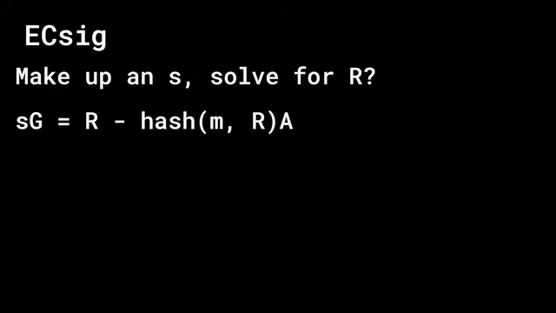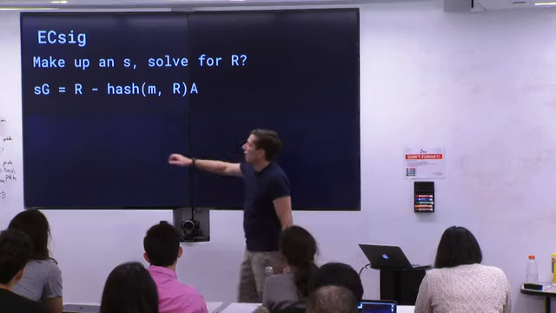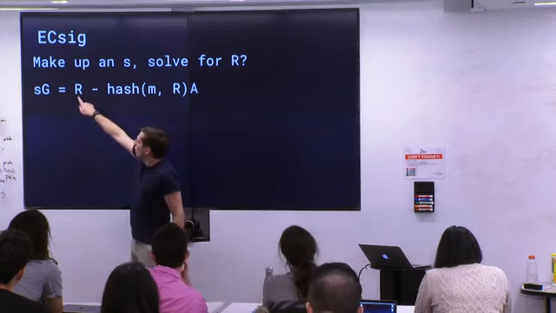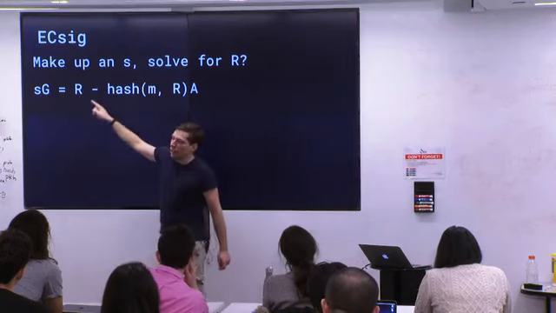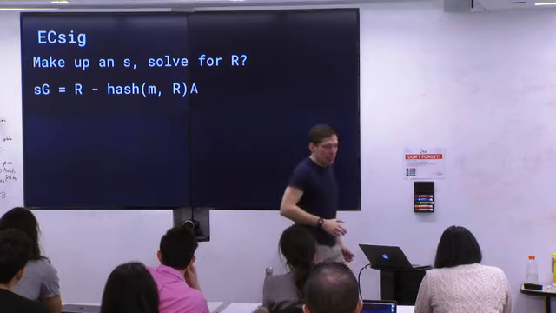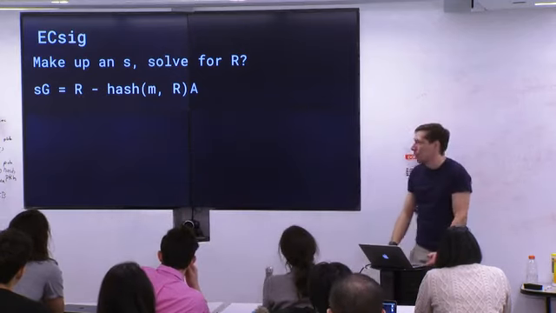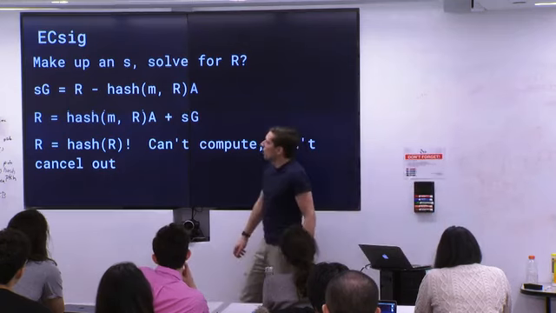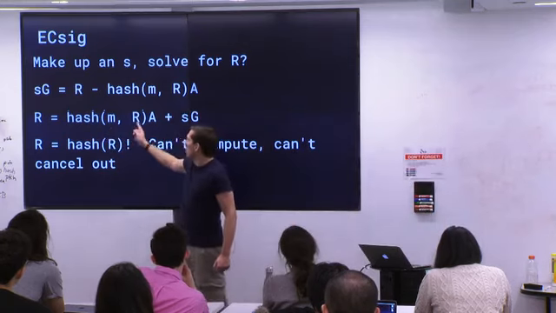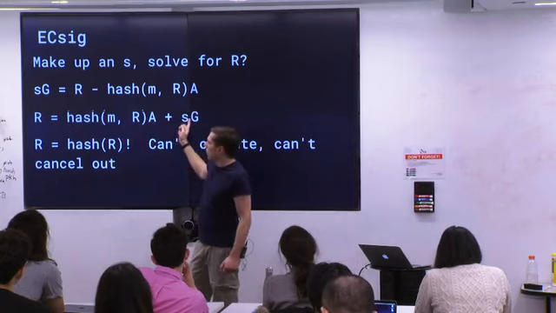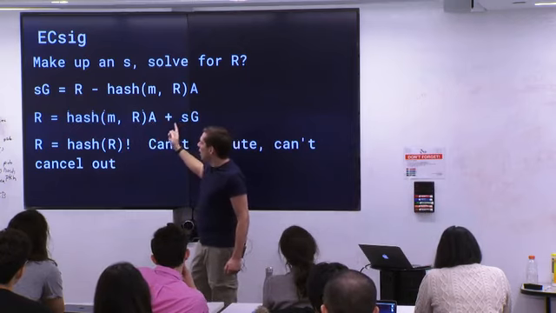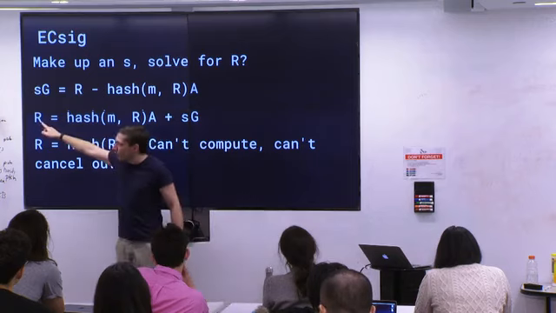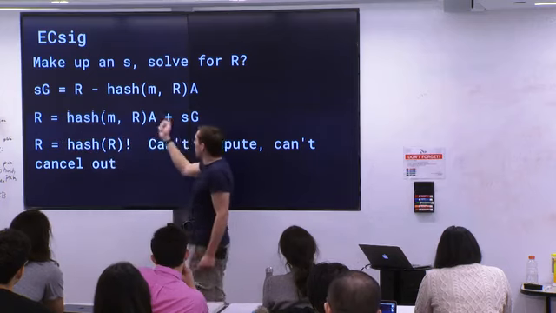The basic problem is if I make up an S and solve for R, right? I can say, well, I know what R is, but the thing is, R is in the hash function as well. It's the one-wayness of the hash function that actually breaks this. So let me solve for R. Well, R is the hash of M and R times A plus S times G. If I can come up with a valid R here, I can do this.